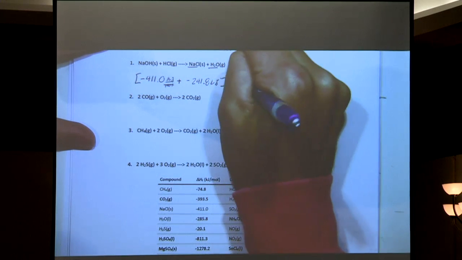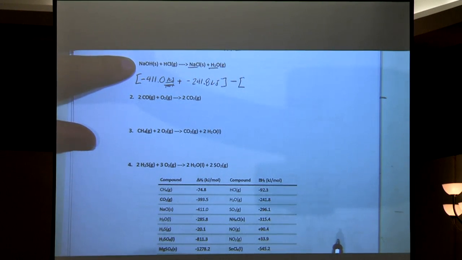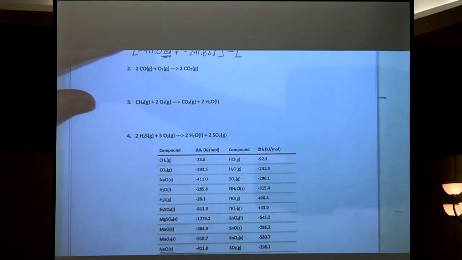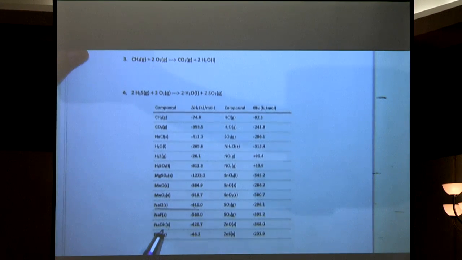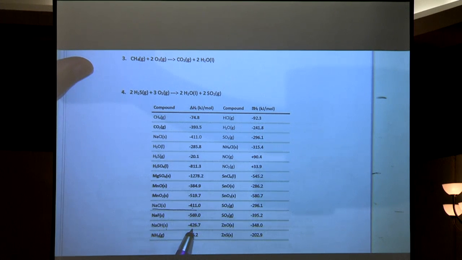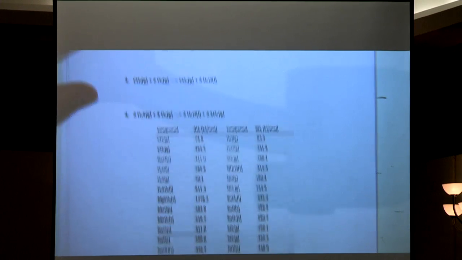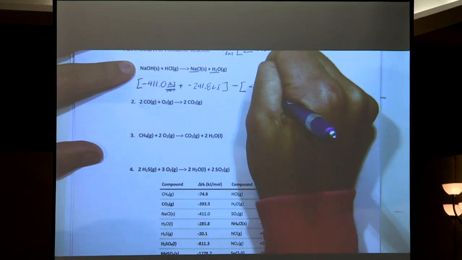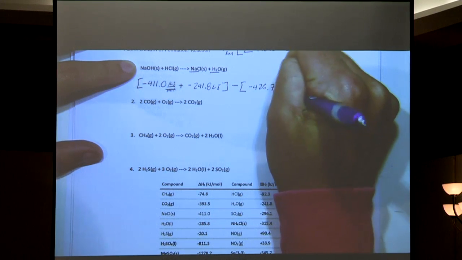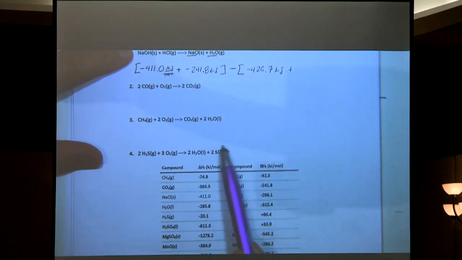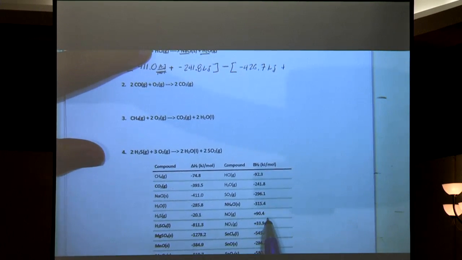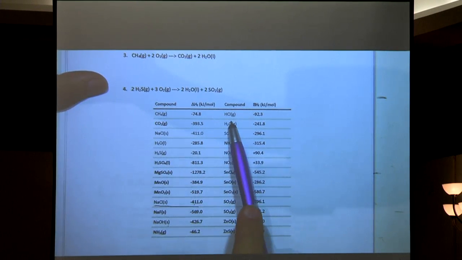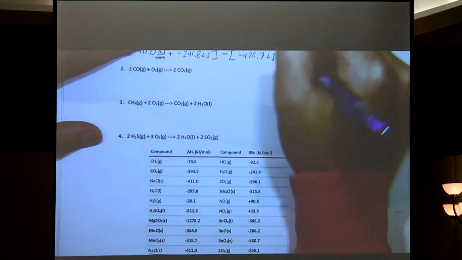Now I'm going to subtract these from my reactants. So I have NaOH as a solid, which is negative 426.7 kilojoules, plus my delta H of formation for HCl. HCl is, where's HCl? There, negative 92.3 kilojoules per mole.